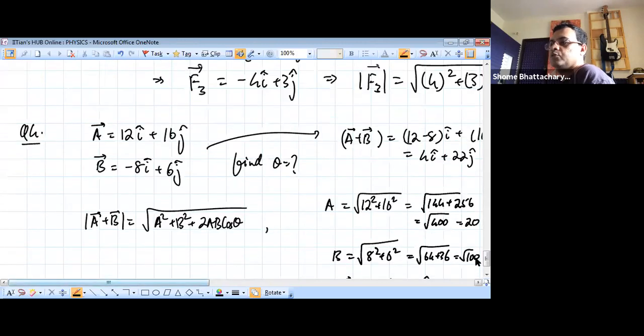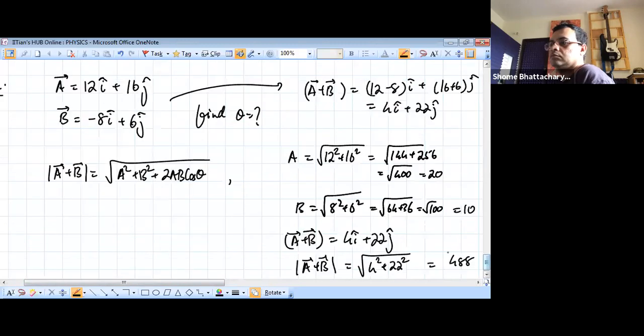Now substitute them over. Converse of Pythagoras. But how you use Pythagoras theorem?